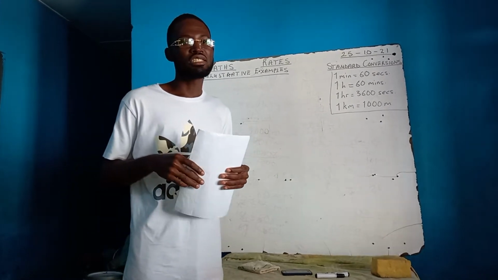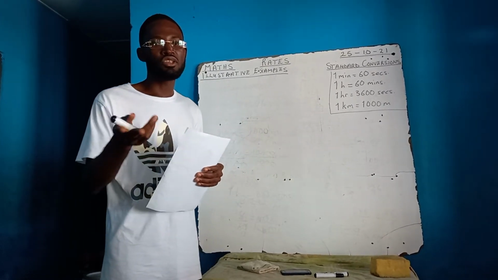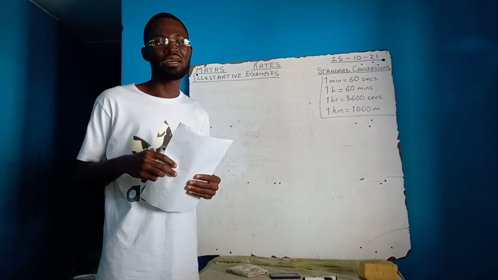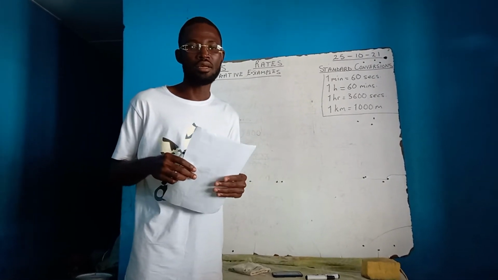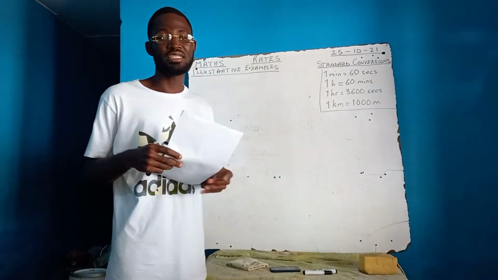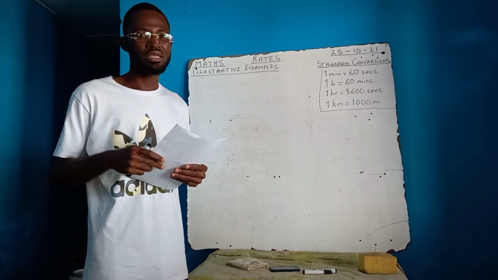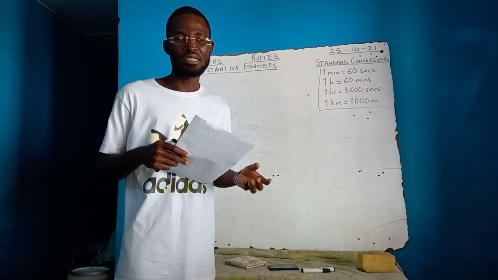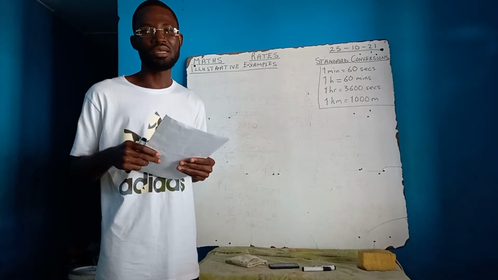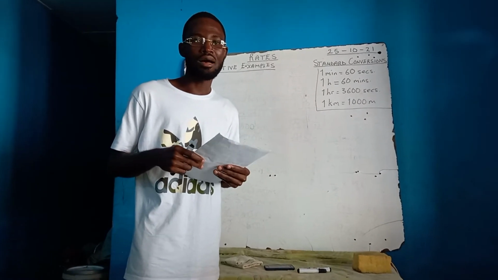So I'll urge each and every one of you to take your books and jot down some specific aspects that we'll be tackling here in order to help you revise your lessons on rates effectively. So without wasting my time, I'll read out the example, bring out the data, and then we set sail and begin with our workout.